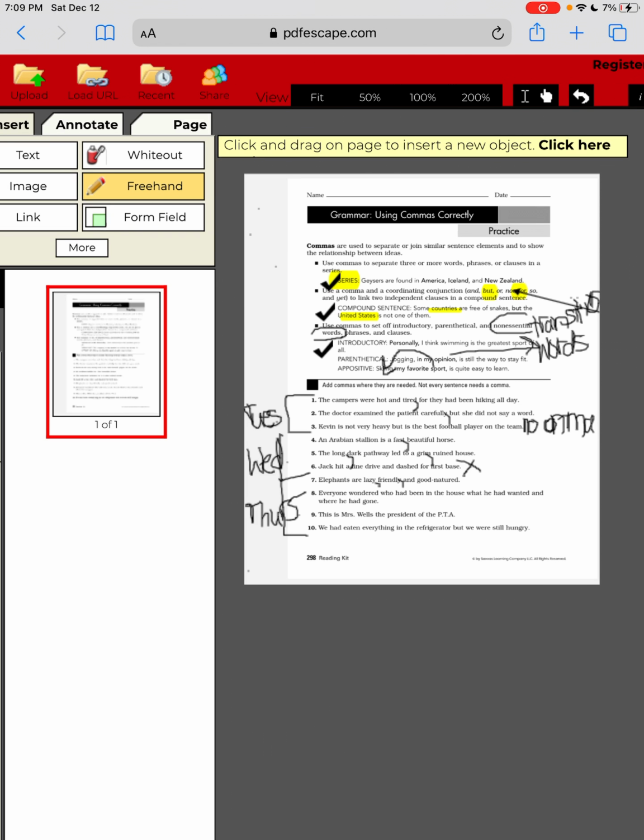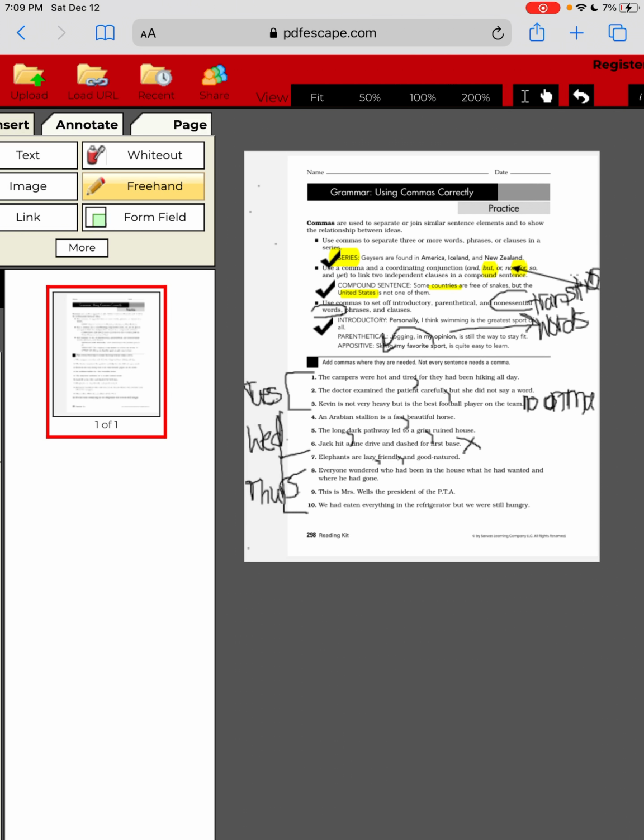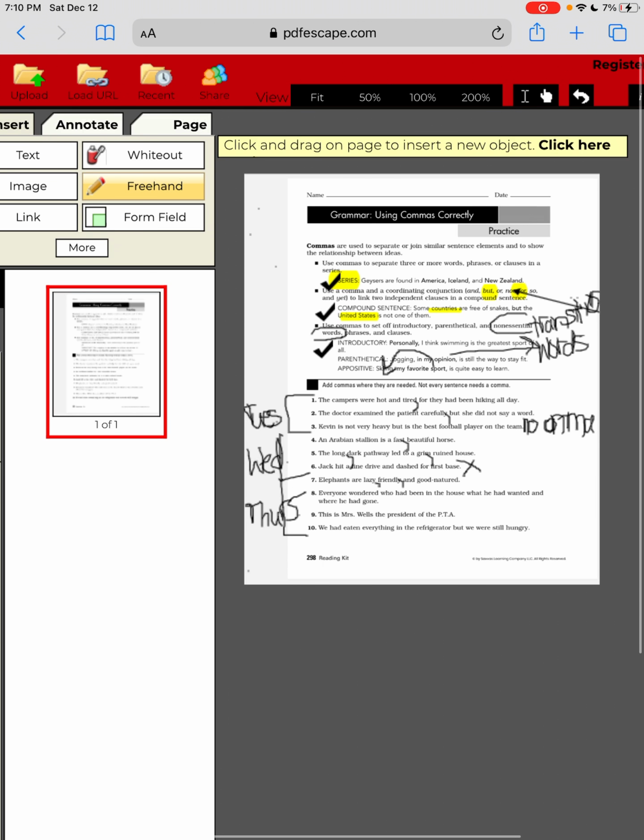Everyone wondered who had been in the house, what he had wanted, and where he had gone. This one, we have items in a series, but this time the series are in phrases. What did everyone wonder? Who had been in the house? What he had wanted? Where he had gone.